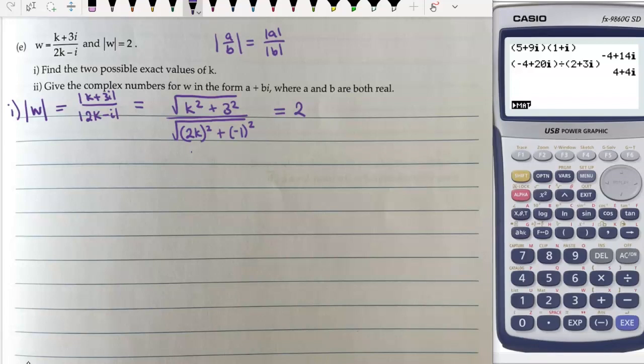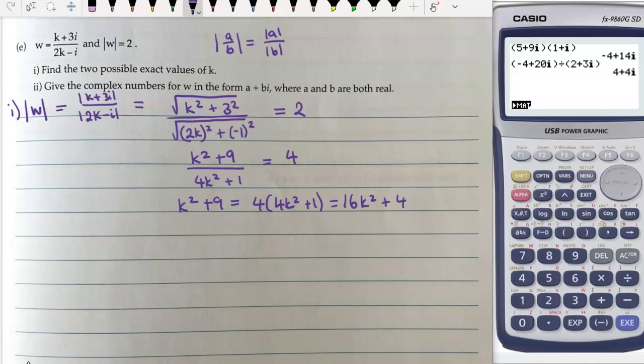So we end up with k squared plus 9 over 4k squared plus 1 is equal to 4 by squaring through and getting rid of those square root symbols. Okay, now let's carry on with our rearranging. So k squared plus 9 is equal to 4 times 4k squared plus 1, which is 16k squared plus 4.